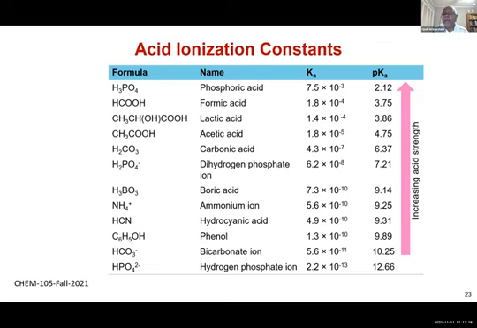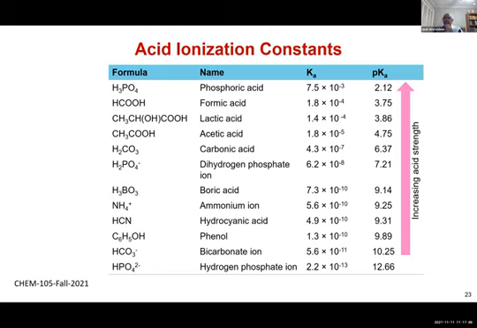Now, the pKa value is largest for the smallest K sub A value. For example, hydrogen phosphate ion at the bottom, 2.2 × 10 to the negative 13, has the smallest K sub A value, but it has the largest pKa value.